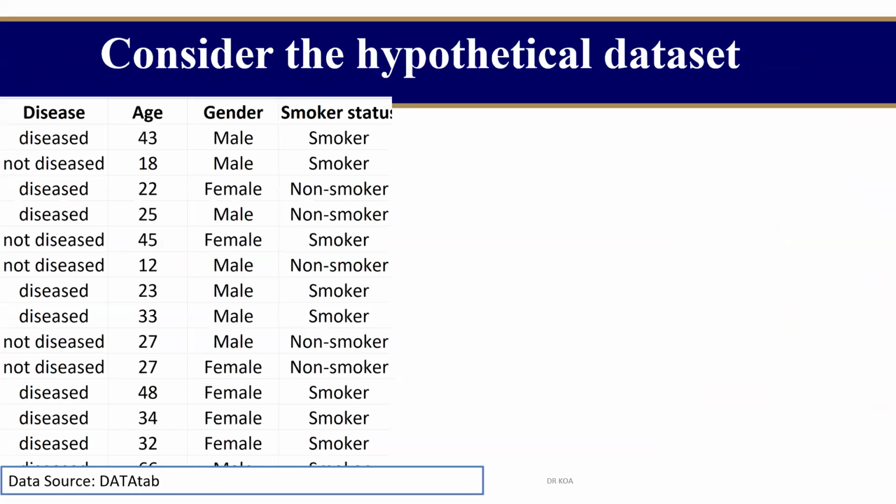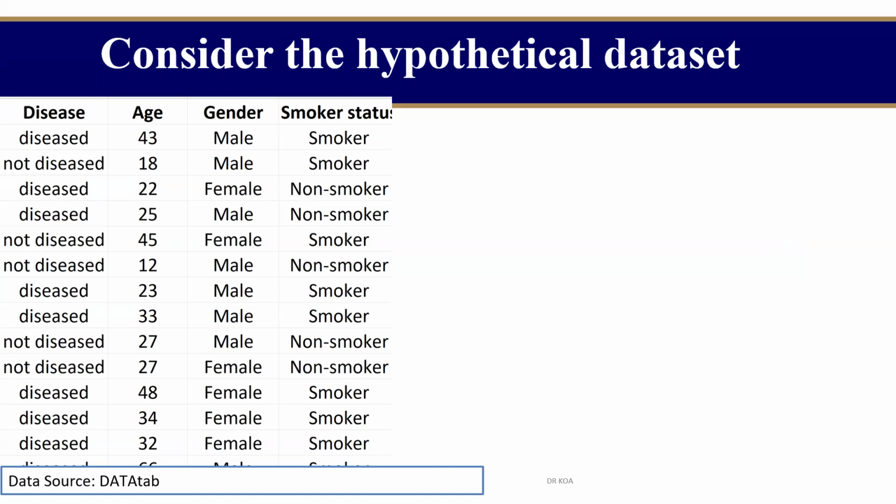So this is a data set you have. We shall work on this data set next time we meet. The data set is made up of a person being diseased or not diseased. The first person is diseased, 43 years old, male, and a smoker. The second person is not diseased, 18 years old, male, a smoker.